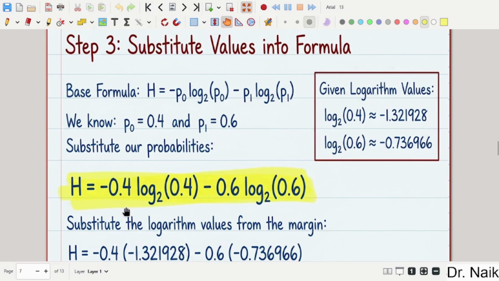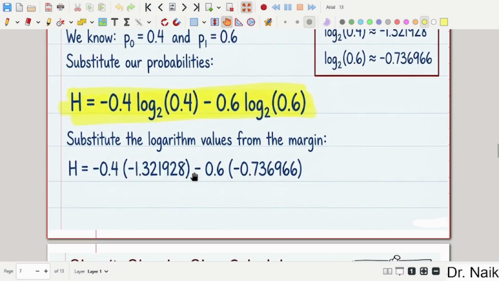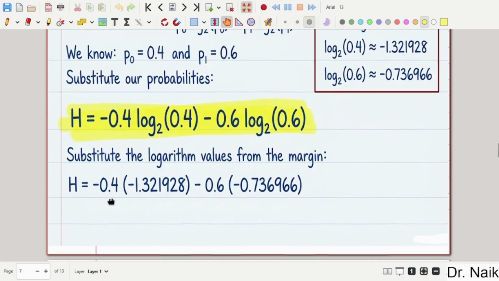So substitute these values. Entropy is equal to minus 0.4 times log base 2 of 0.4 minus 0.6 times log base 2 of 0.6. After substitution, we have H is equal to minus 0.4 times minus 1.321928 minus 0.6 times minus 0.736966.